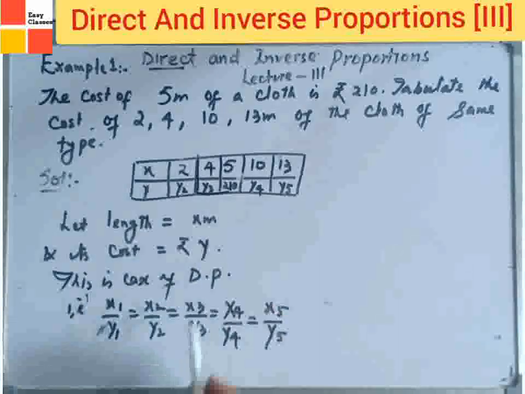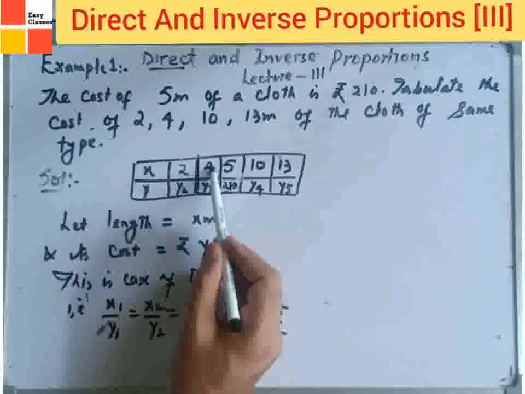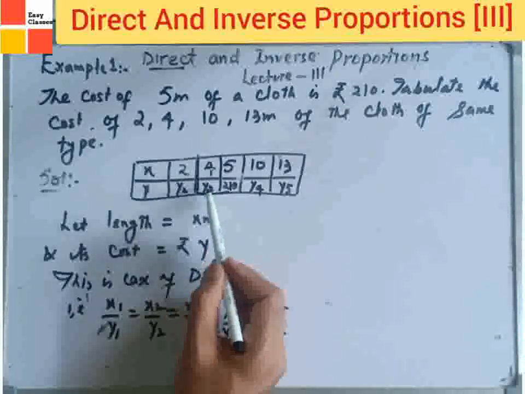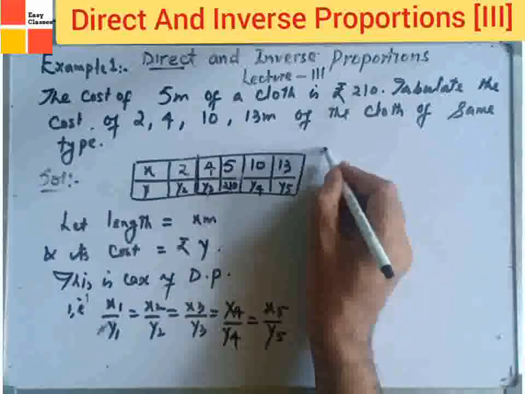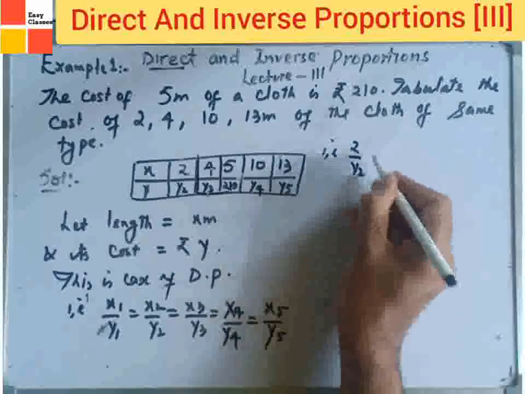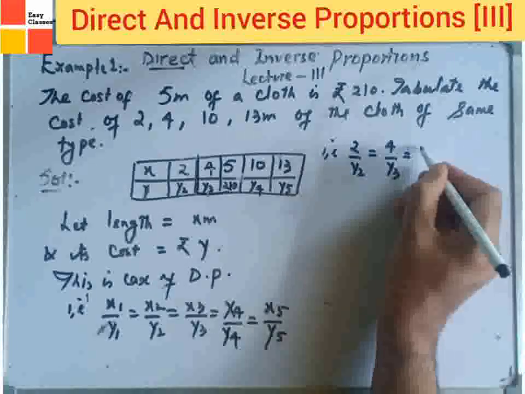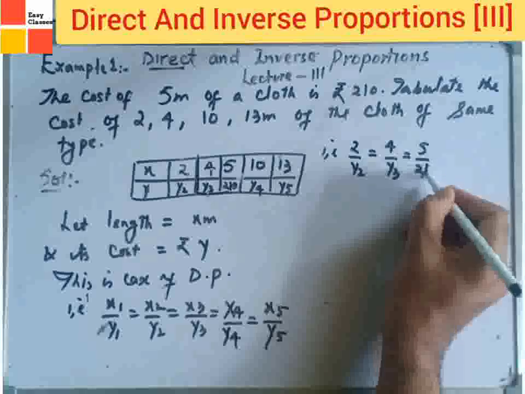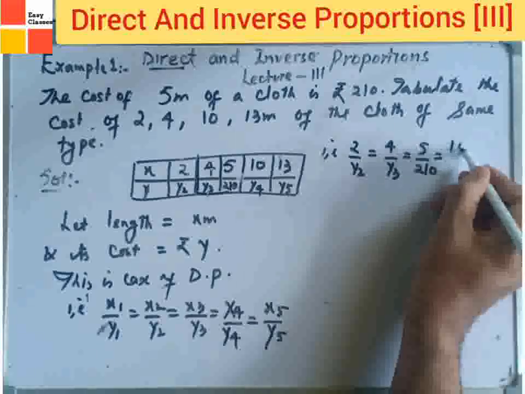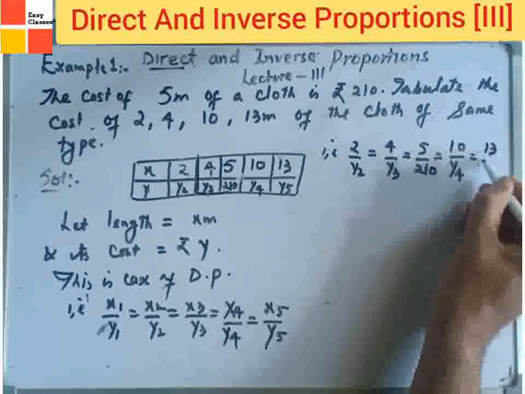We know that x1 divided by y1 is equal to x2 divided by y2. So 2 divided by y2 is equal to 4 divided by y3 is equal to 5 divided by 210, that will be equal to 10 divided by y4, that will be equal to 13 divided by y5.